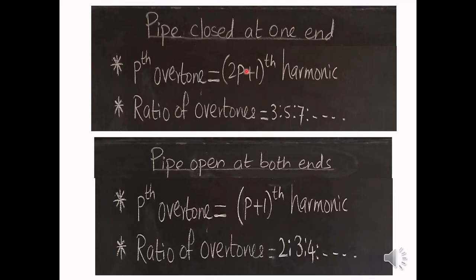So here the third harmonic is equal to first overtone. Fifth harmonic is equal to second overtone. Seventh harmonic is equal to third overtone. So here the ratio of overtones is 3 is to 5 is to 7 and so on. Here the second harmonic is equal to first overtone, third harmonic is equal to second overtone, fourth harmonic is equal to third overtone. So here the ratio of overtones is 2 is to 3 is to 4 and so on.